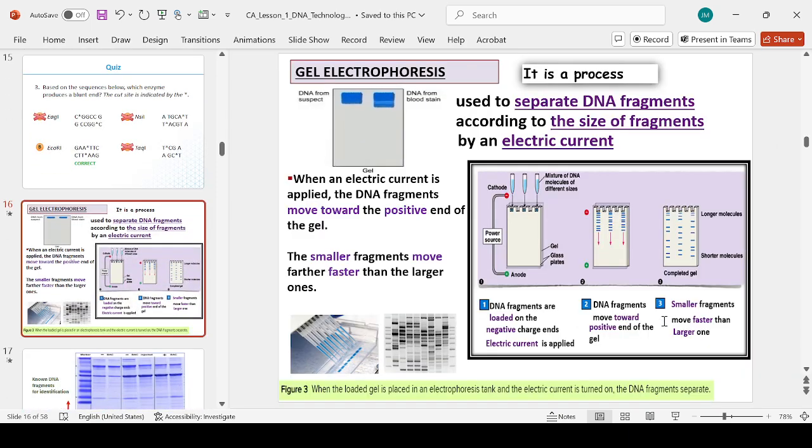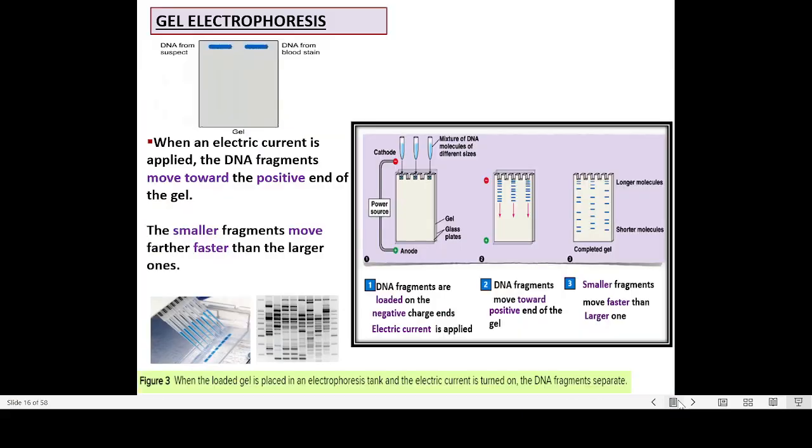Let us go to the gel electrophoresis. This is the third figure, I think, focused on in the end of term coverage material. First, gel electrophoresis, pay attention. Gel electrophoresis is one of the tools for genetic engineering.